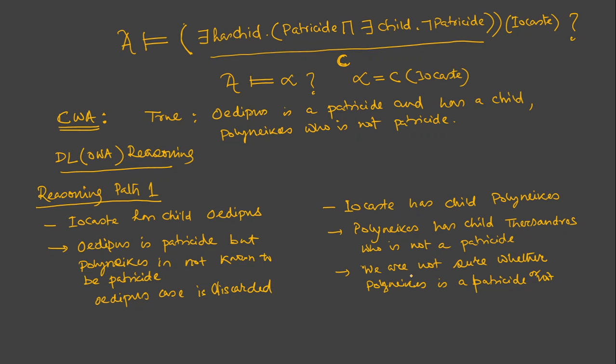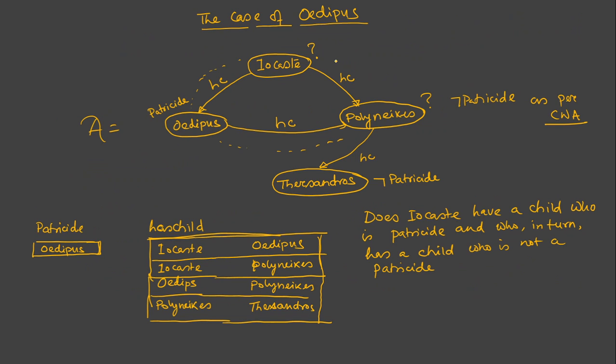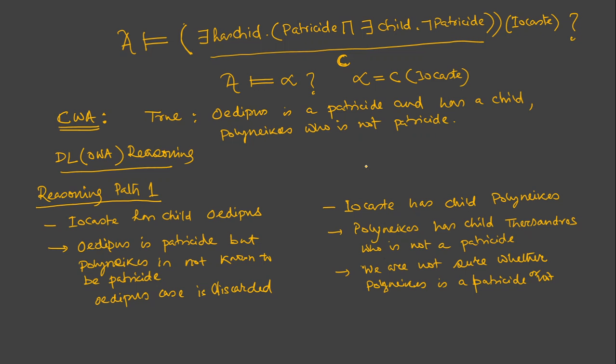Right. So in that case, this Polynicus path is also ruled out. So this path of reasoning is also ruled out.